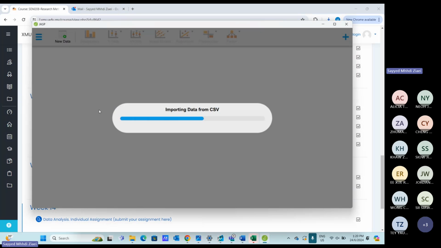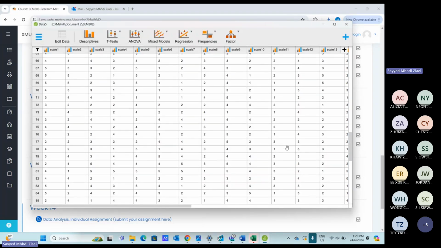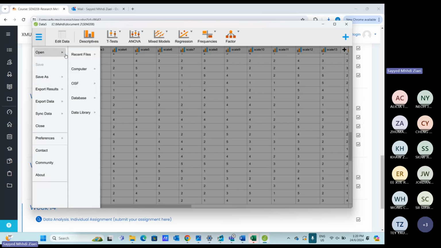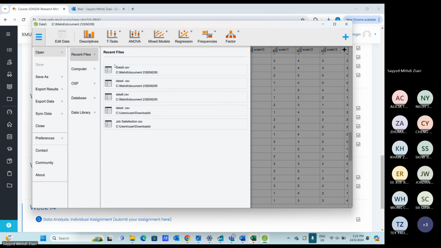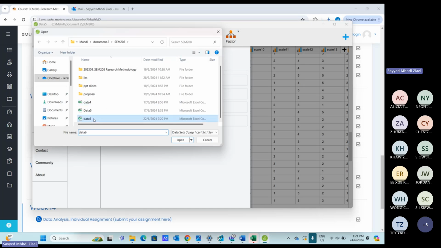You want to start with data 6. Download data 6.